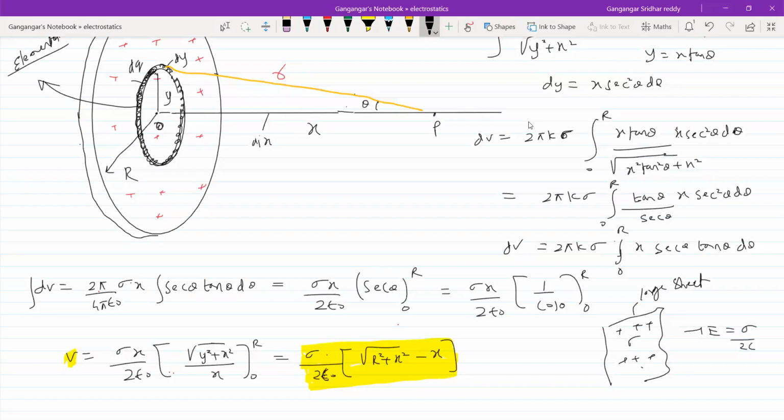Sigma by 2 epsilon naught. What about potential? Put R equal to infinity, it will be infinity. That's why for large objects where the charge is distributed till infinity, at infinity also the charge is present. Due to that there will be non-zero potential. So when charge is distributed till infinity, we can't define the potential at infinity.